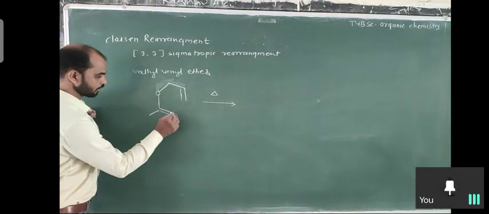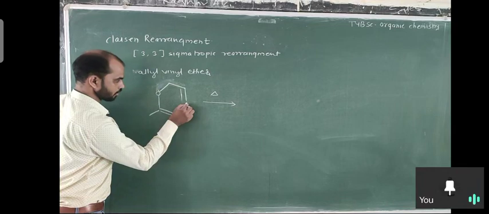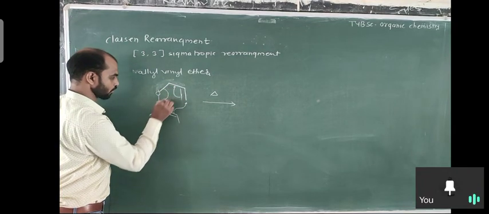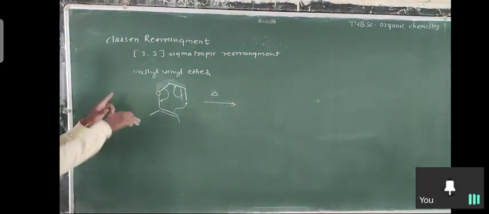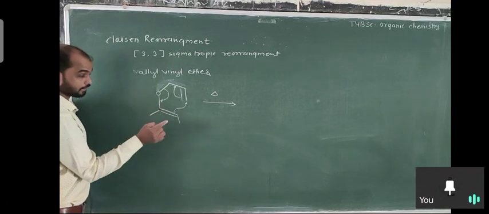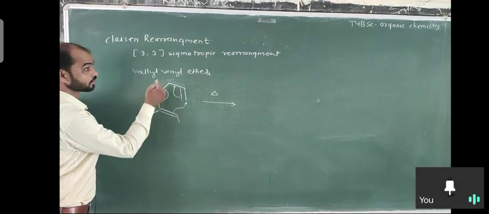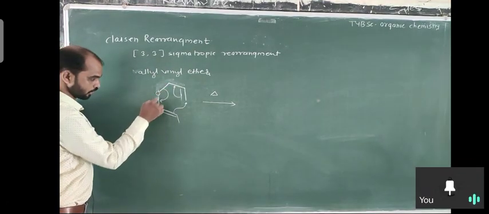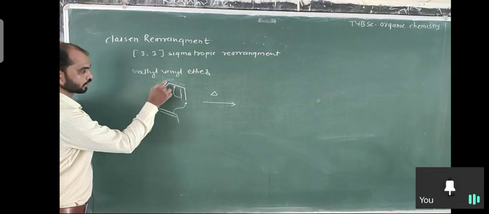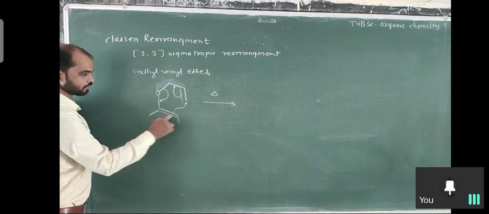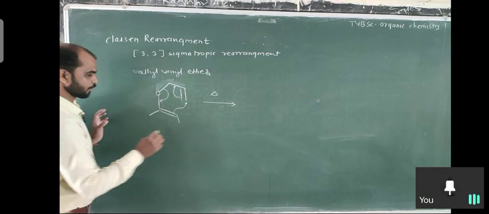What happened? This double bond goes here. It is a shifting of bonds, just a rearrangement. So it is a 3,3 sigmatropic rearrangement, 1, 2, 3, 1, 2, 3: three atoms this side and three atoms this side. So after this, what happened?